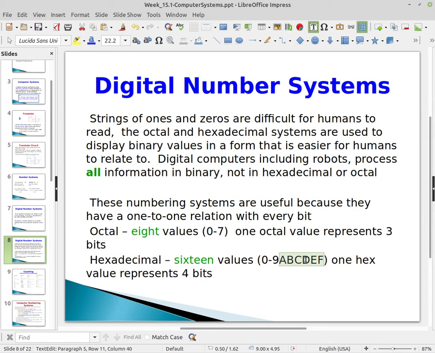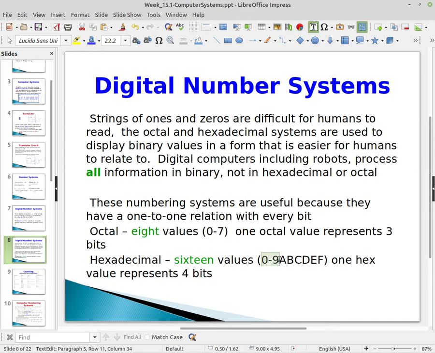Sometimes you'll see them in lowercase, but usually they're preferred to be in uppercase. But these 6 values now added to our base characters 0 through 9 give us 16 unique symbols.